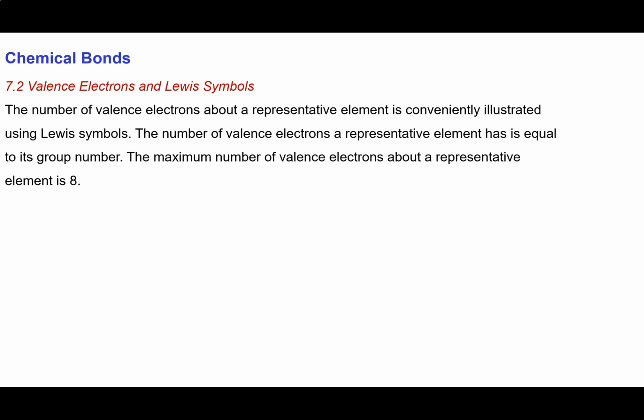And keep in mind that there are only 8 A groups. So the maximum number of valence electrons around a representative element is 8. So we now know how many electrons an atom has to form all of its bonds. It's just equal to its group number.